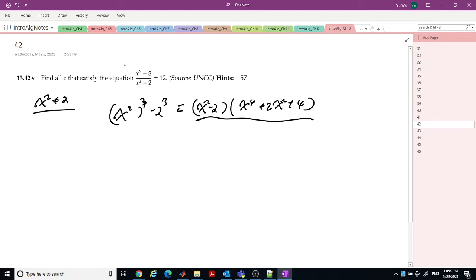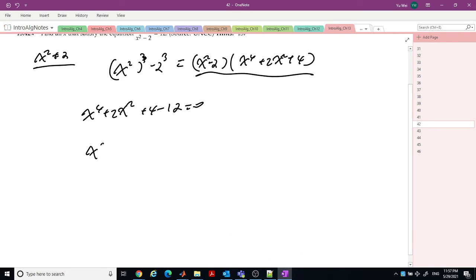So this one has been reduced to x fourth plus 2x squared, then plus 4 minus 12 equals 0. So now we have x fourth plus 2x squared minus 8 equals 0.